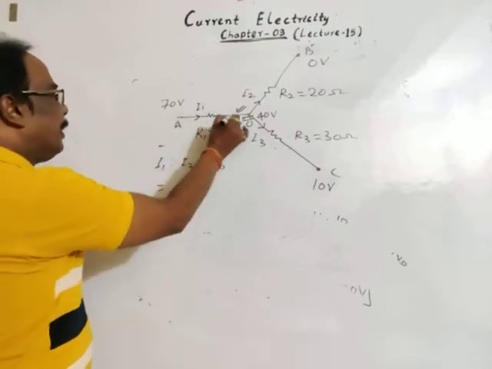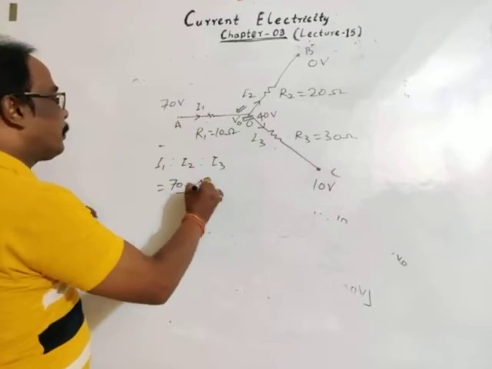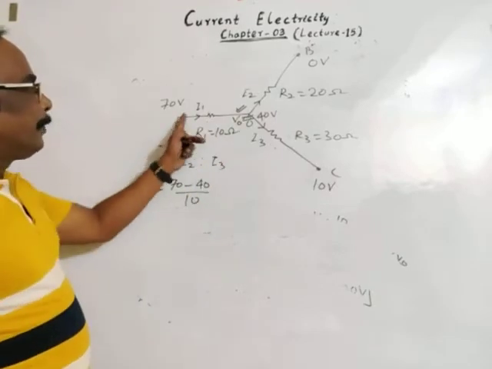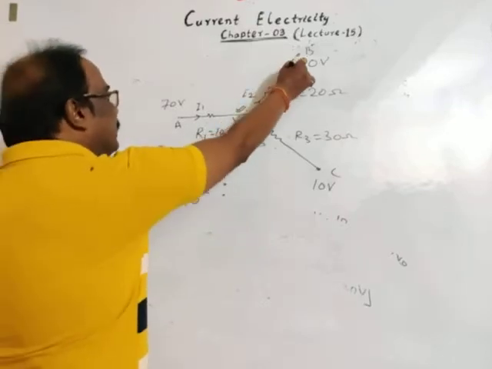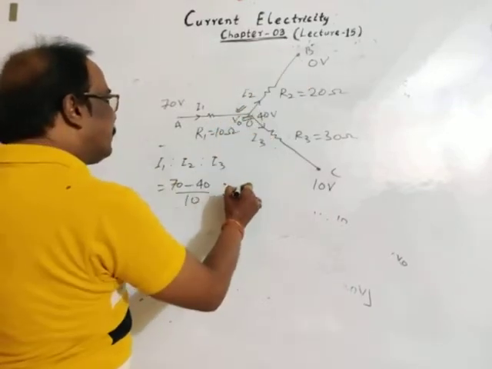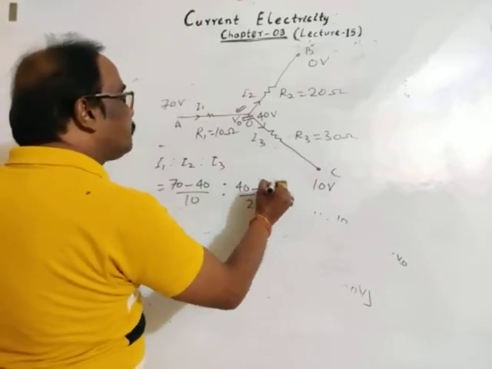It will come I1 is 70 volt minus VO, 40 volt, divided by 10 ohm. Potential difference by resistance is 3. I2 is current along this branch. Potential difference 40 volt minus 0 divided by 20 is 2.